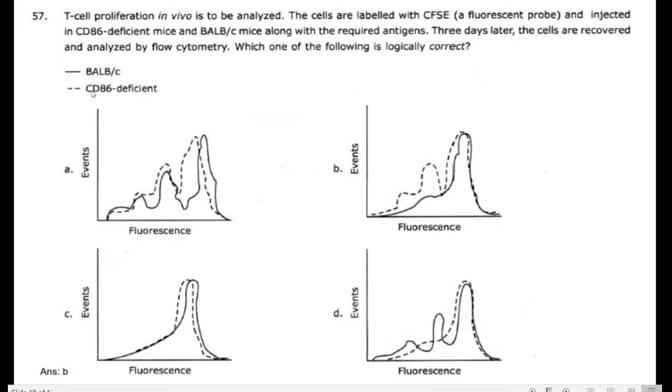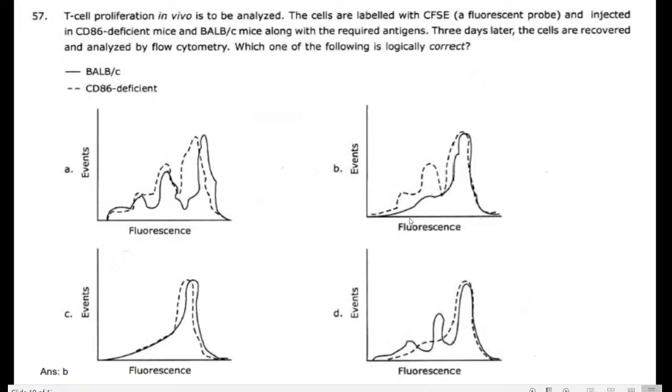So here the BALB/c is shown in the lines, and the CD86 deficiency is the daughter lines. Here the fluorescence is high, it is improving. As per the question, the correct answer is B. How is it B?